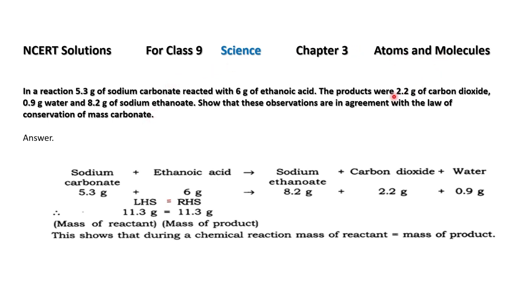First we will write the question in equation form. Sodium carbonate reacts with ethanoic acid gives, the arrow represents gives, sodium ethanoate, carbon dioxide and water. Wherever we say reacted with, I represent it as addition, that is the plus symbol.